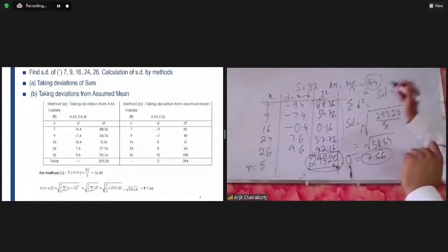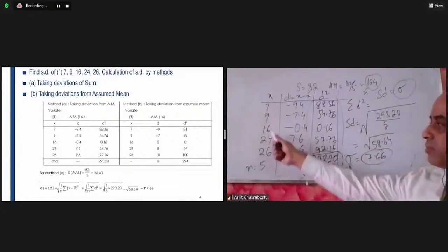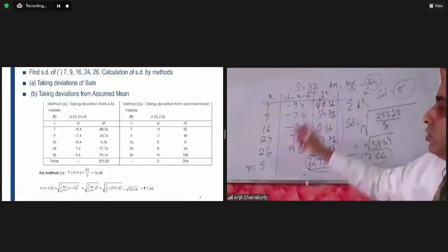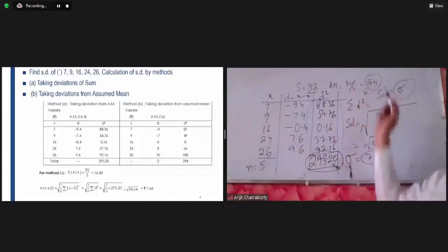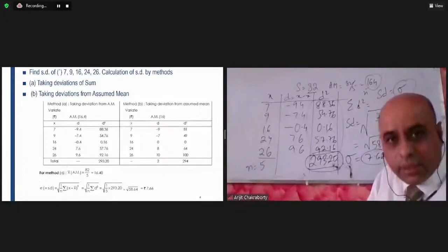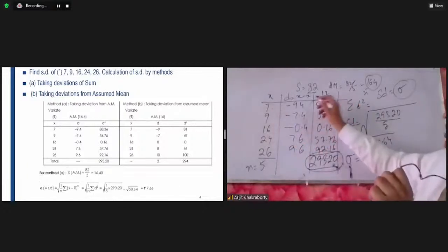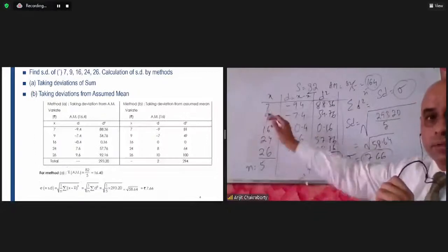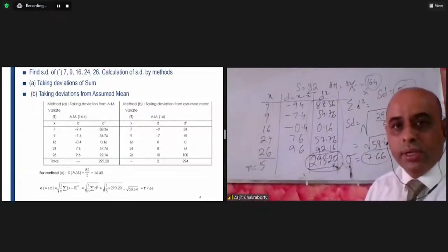So in this way we have first got the observations. We have found out the mean here: the total is 82 divided by 5 because there are 5 observations. So we had got a mean of 16.4, and then we subtract the mean from each observation. The formula is x minus x bar.